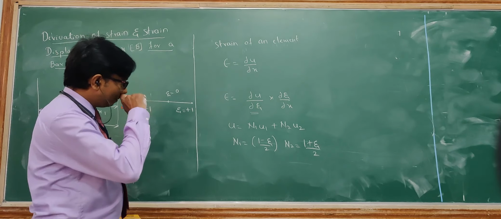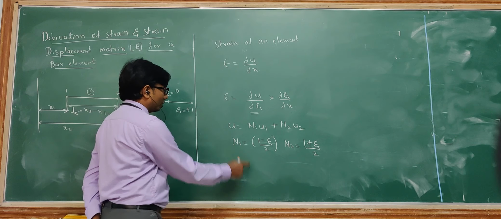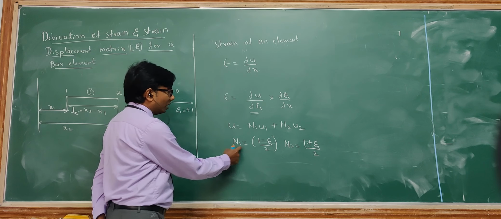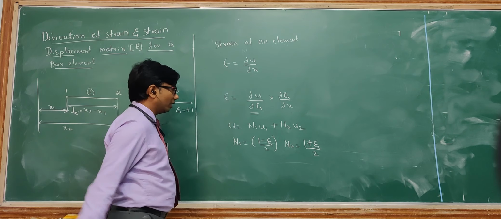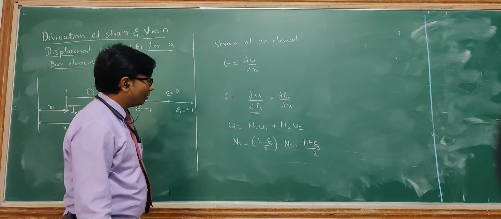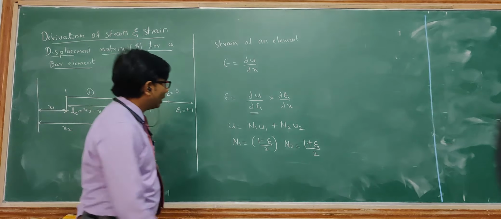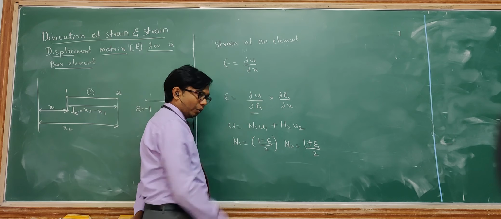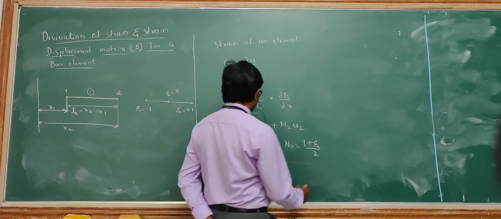So I will be substituting these N1 and N2 values in this equation, then differentiating partially with respect to zeta, so that I get this particular equation.